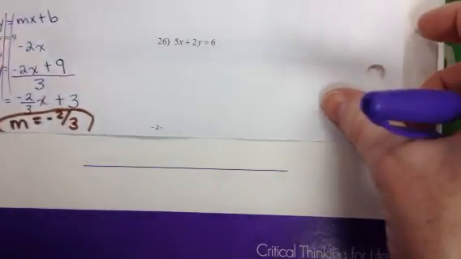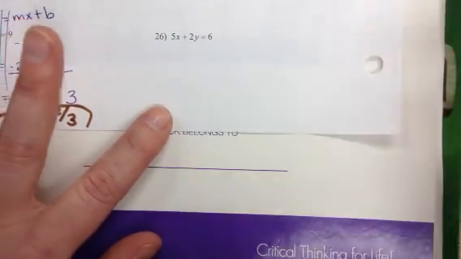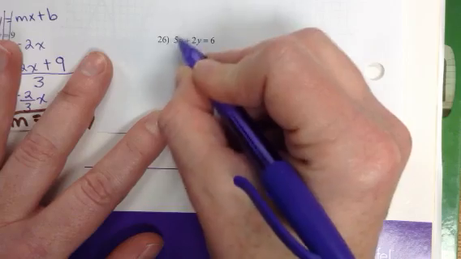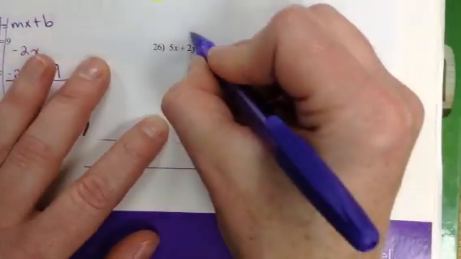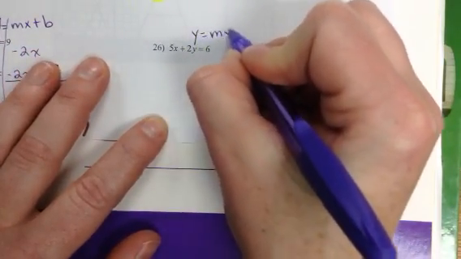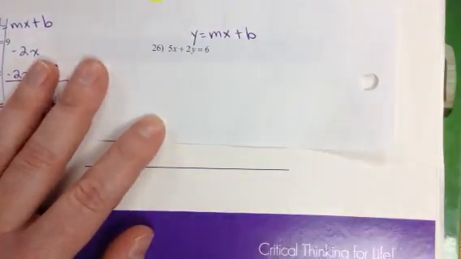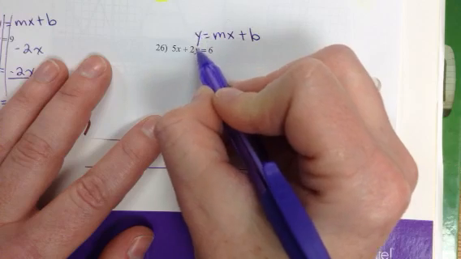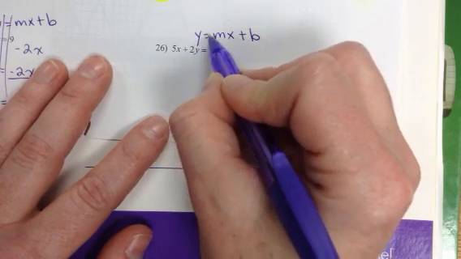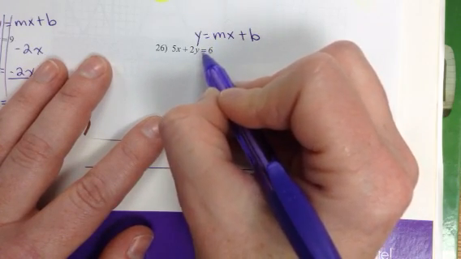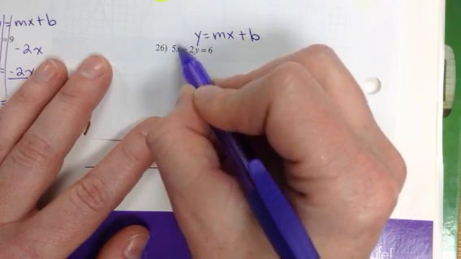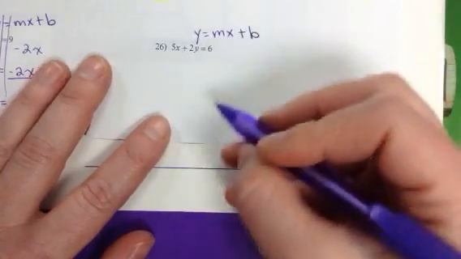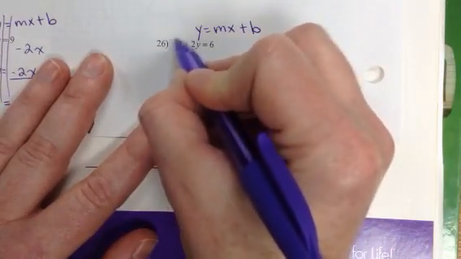Okay, on number 26, make sure you're taking good notes. I need to find the slope of this equation, and I cannot look at and say that it's this 5 right now because it has to go in this order for me to easily be able to see the slope. So I'm going to write my goal right above where my y is, and my equal lines up. I do not want these x's to be on this side. They need to be behind the equal sign. So I want to move this whole term.